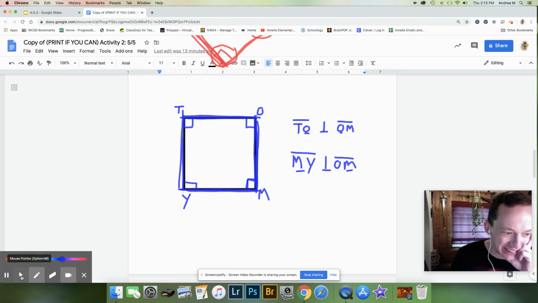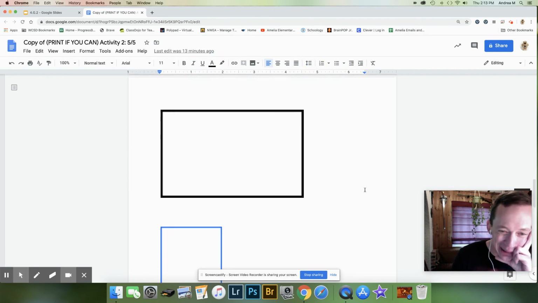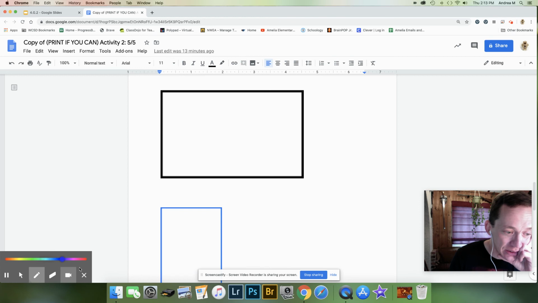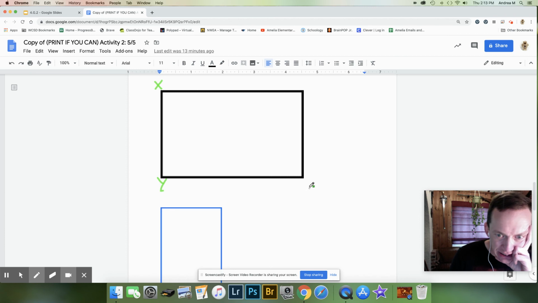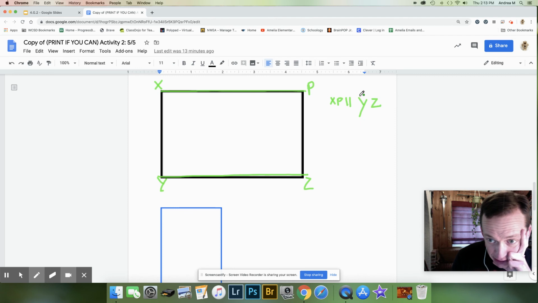Like what could happen? All right, here we go. Rectangles. We're looking at the same deal, guys. So if I label this one here X, Y, Z, and then P, I could say XP is parallel to YZ, just looking at it how we did yesterday, awesome, parallel.